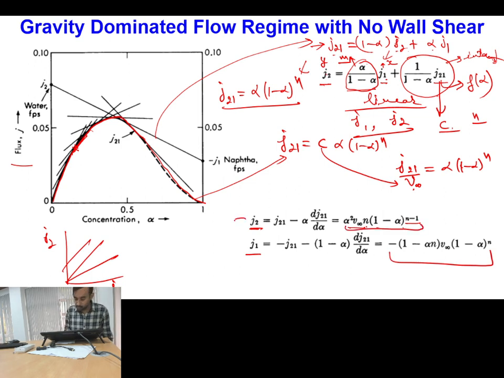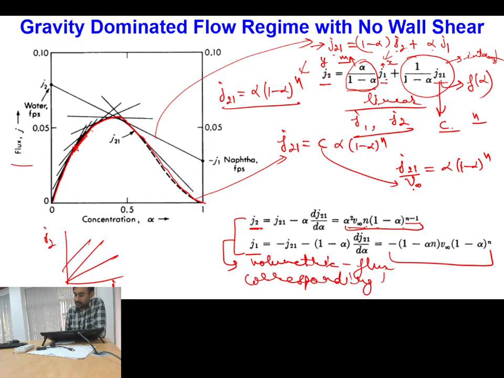So these two relations are nothing but the volumetric fluxes corresponding to the flooding limit. Is this point clear? So these two are nothing but the volumetric fluxes corresponding to the flooding limit.